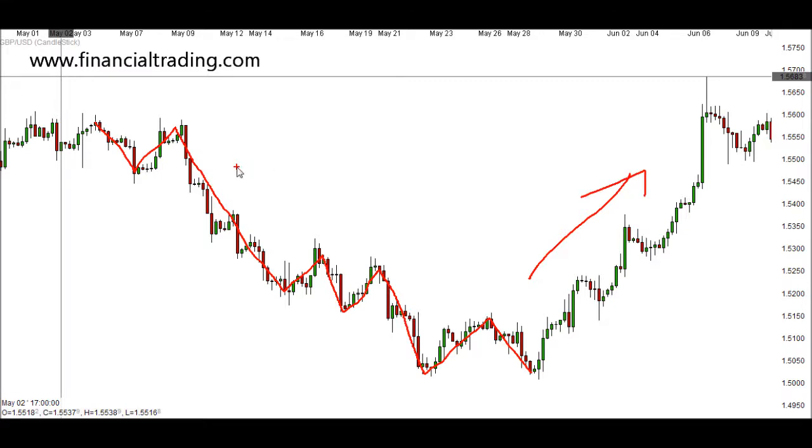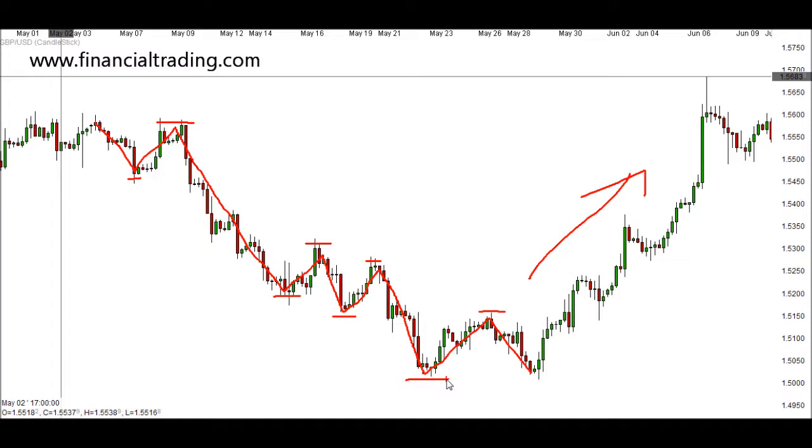The characteristic of a downtrend is lower lows and lower highs. The characteristics of an uptrend is higher highs and higher lows. So let's look at this downtrend. We have a high and a low. We then have a lower high, a lower low, a lower high, a lower low, a lower high and a lower low. This is the characteristic of a downtrend.